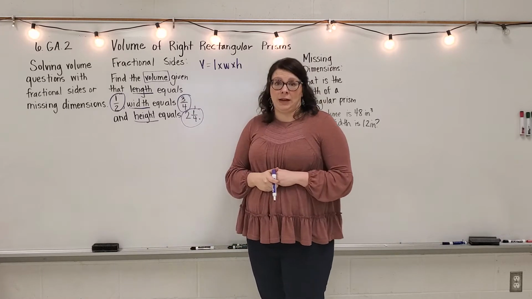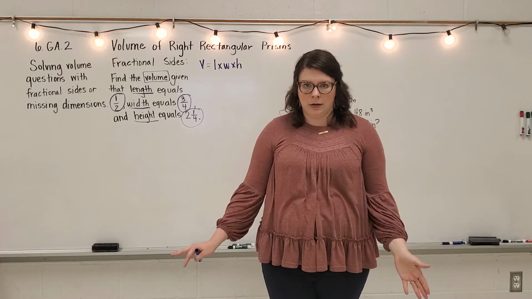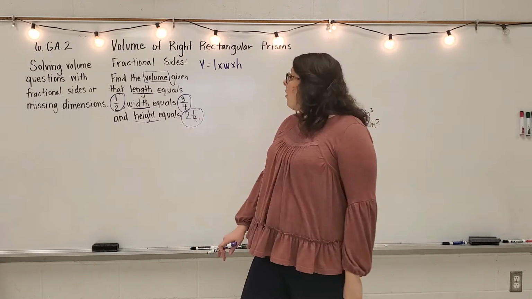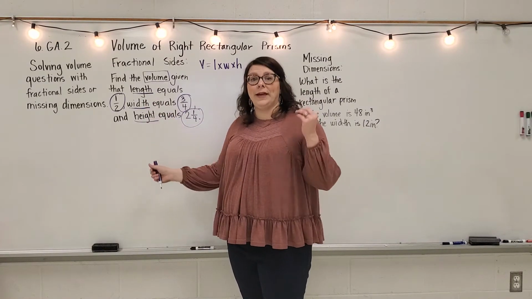So I've done two things. The first was to box in the word volume and write down the formula. Now I've also identified my three dimensions and what they will equal.